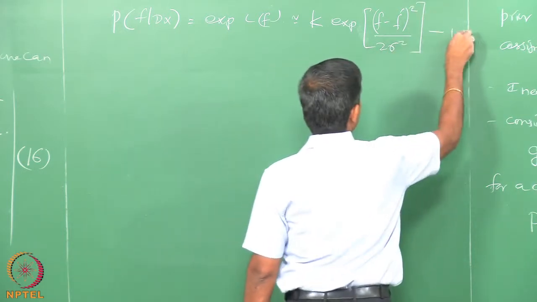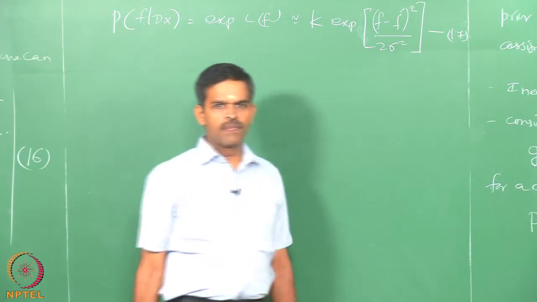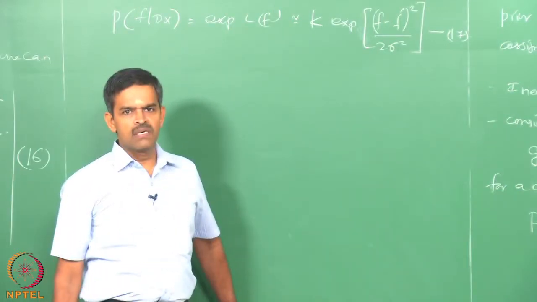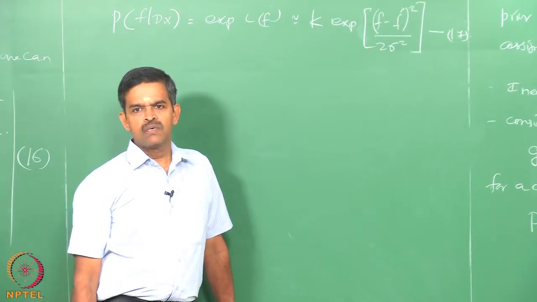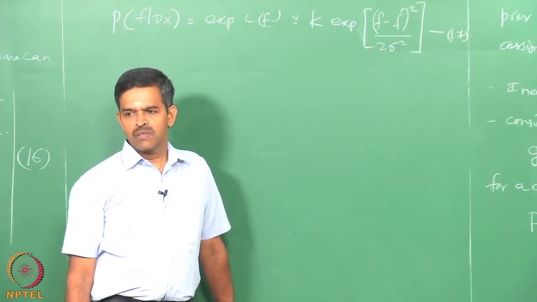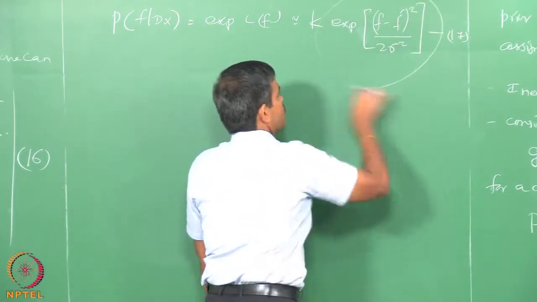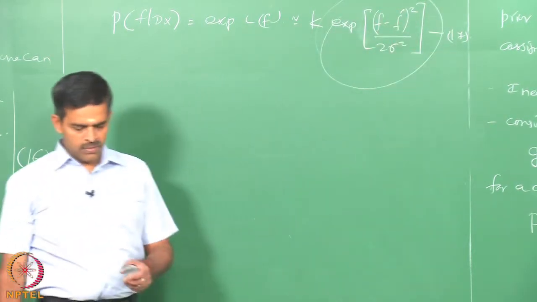Equation number 70. It can be easily seen from the equation that it follows a standard Gaussian or normal distribution.